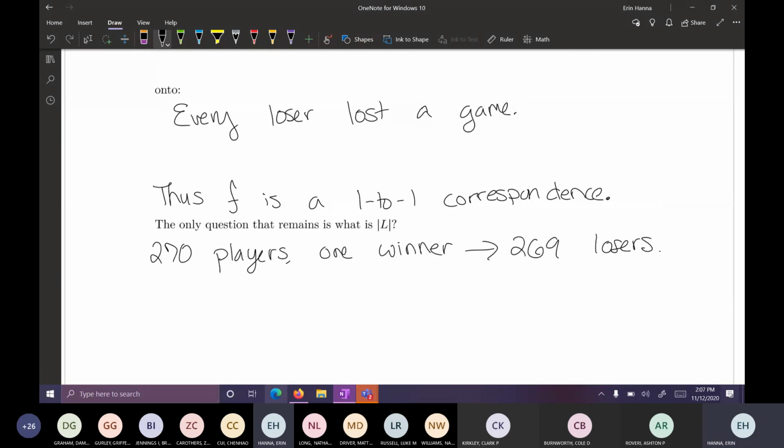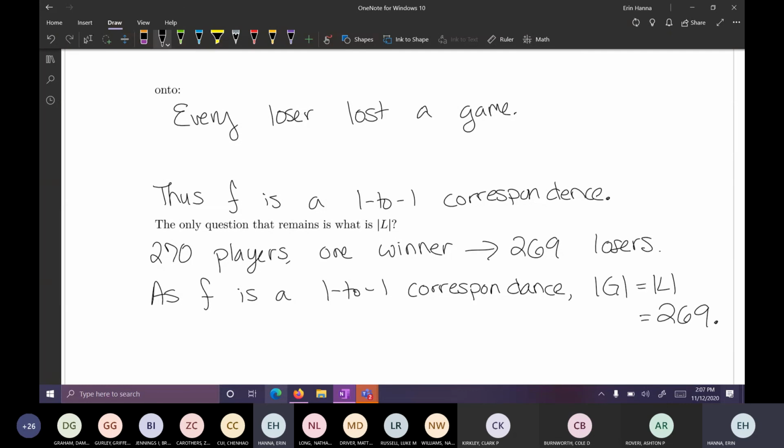So if there's 269 losers, there must have been 269 games. So as F is a one-to-one correspondence, the amount of elements in G, the amount of games played, is the same amount as the number of losers, which we just found to be 269.